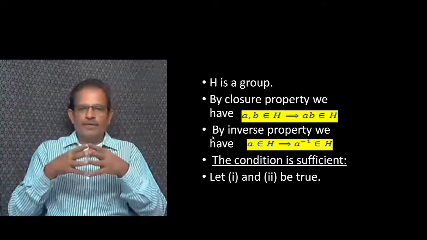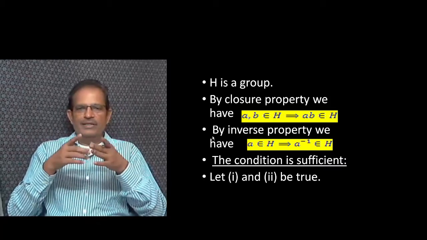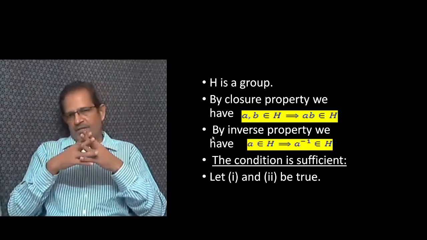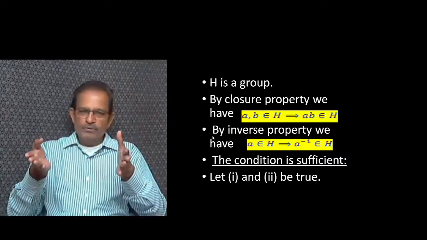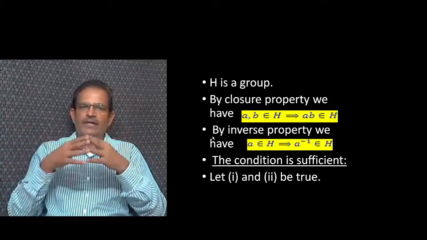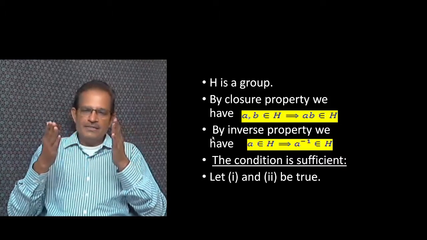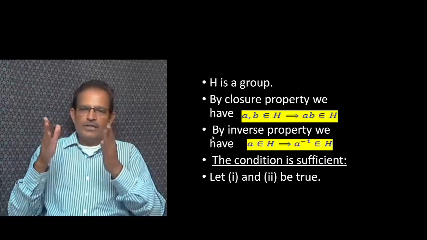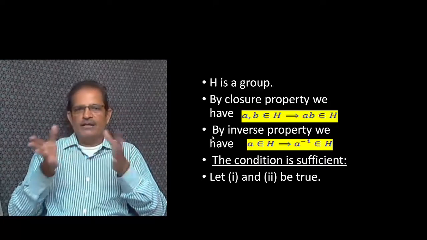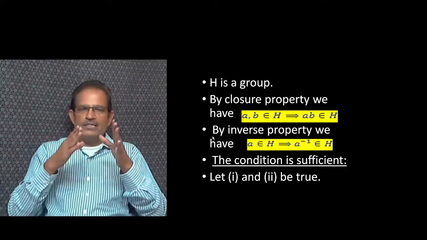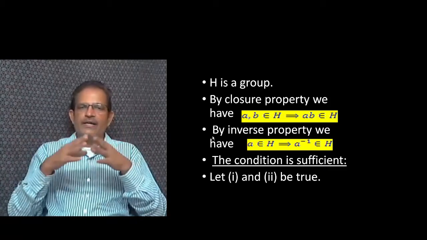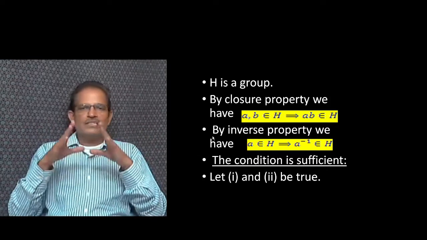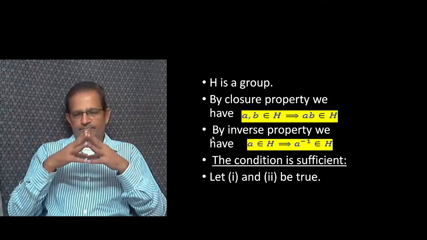By inverse property we have A belongs to H implies A inverse belongs to H. Because H is a group, the inverse property will be satisfied. If A is an element of H, A inverse is also an element of H. So the two conditions 1 and 2 are satisfied if H is a subgroup. So the necessary conditions are proved.